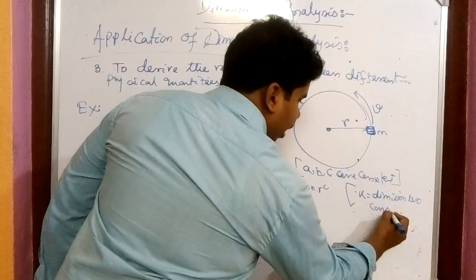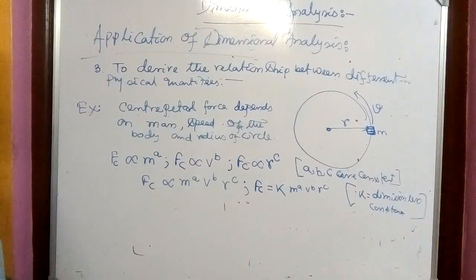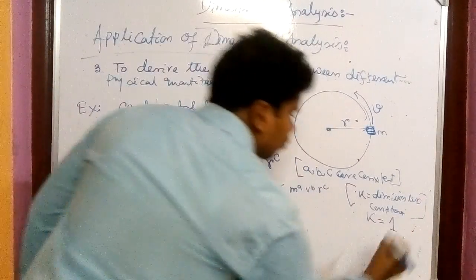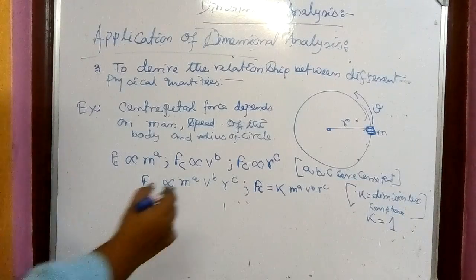What is a dimensionless constant? That I also make clear. Dimensionless constant means it is a number only. It doesn't have any sort of dimension, meaning its dimension is 1. Dimensionless means dimension is 1. It is a number. Okay, so let's go.